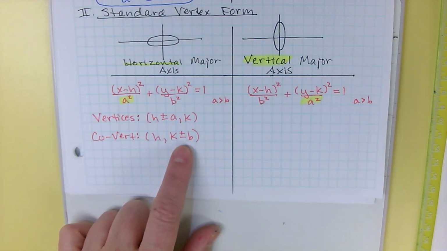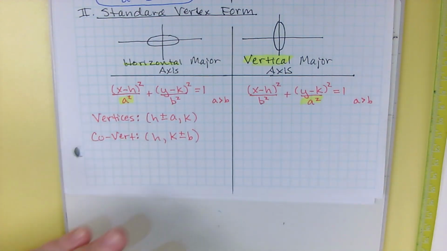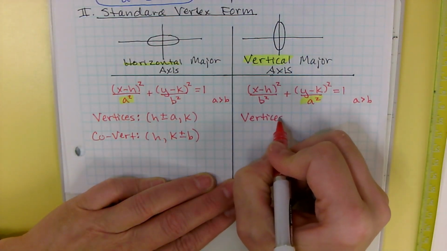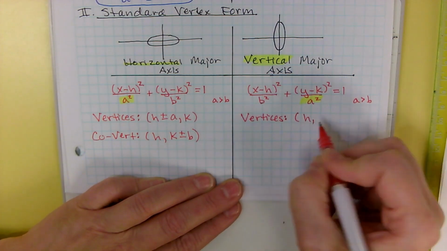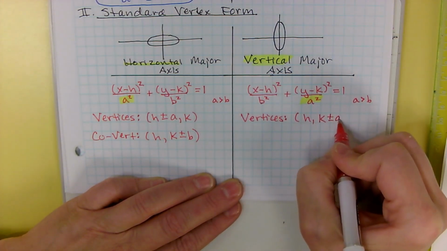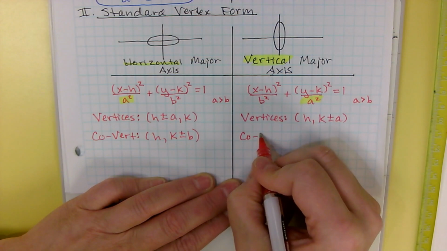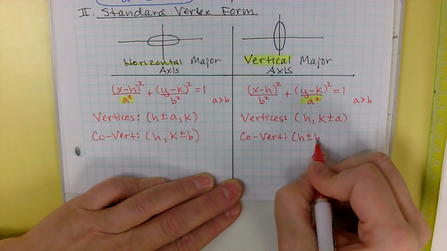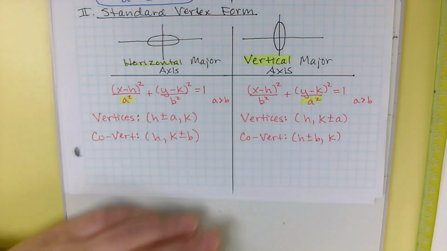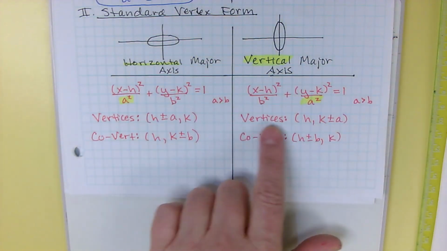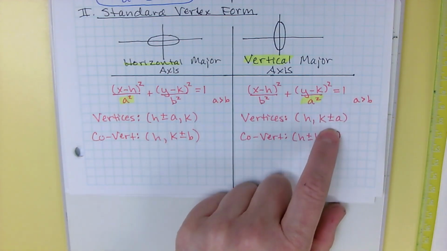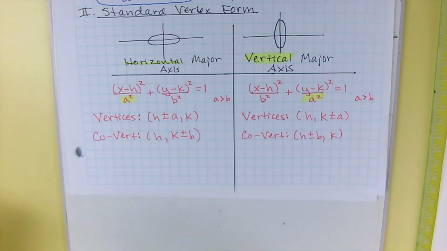For the co-vertices, you're going up and down. Switch over to the vertical major axis. The vertices are h, comma k plus minus a, and the co-vertices are h plus minus b, comma k. So in this case, the bigger number is in the y position. You're going to count the bigger number up and down, the smaller number left and right.